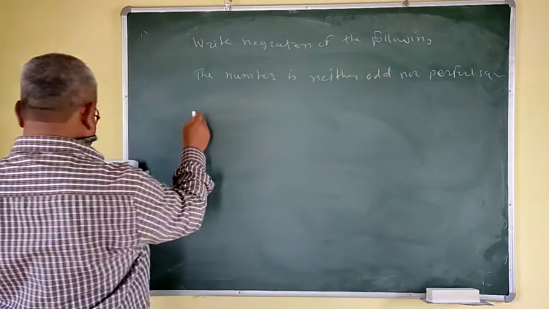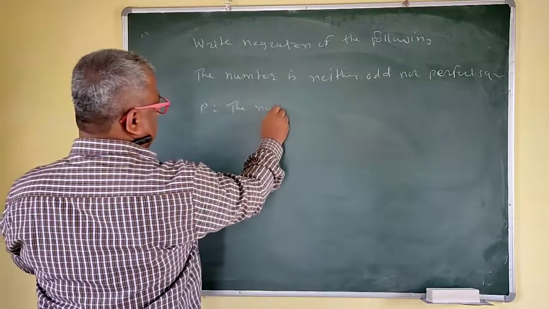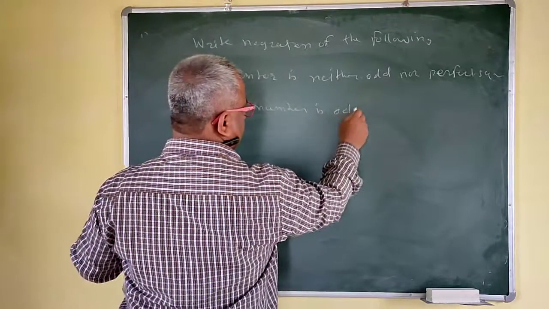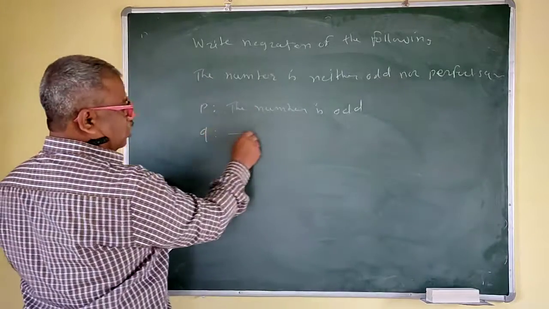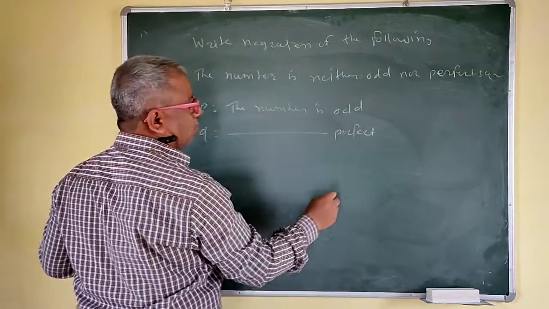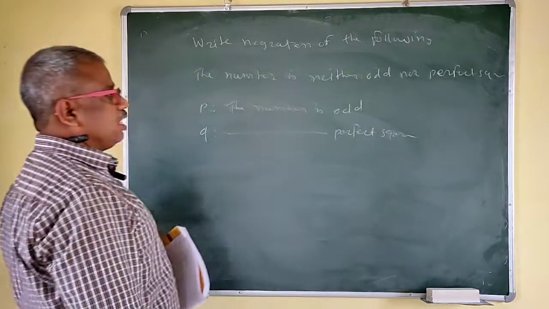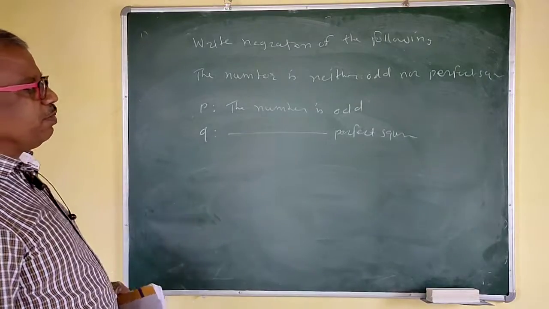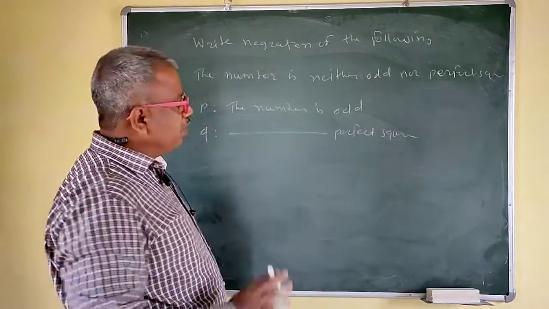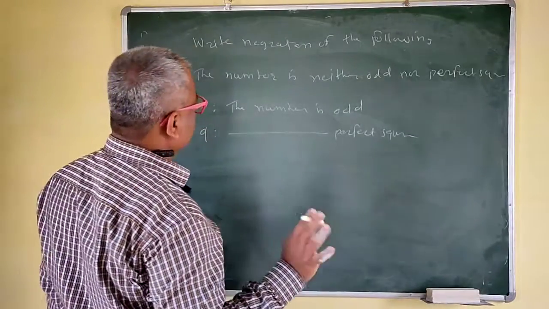So your P is the number is odd, and your Q is the number is perfect square. If you don't know what is meant by perfect square, or what is meant by odd and even, don't bother about this. We only have to do the negation of this statement.